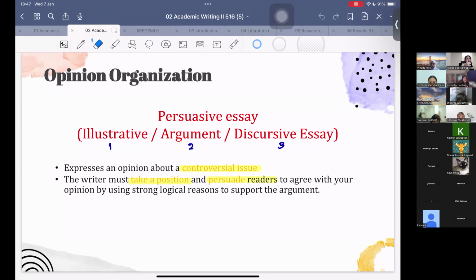With controversial issues, for example, whether you agree or disagree with using AI to create art, something like that. This is a topic that we would say is kind of controversial.